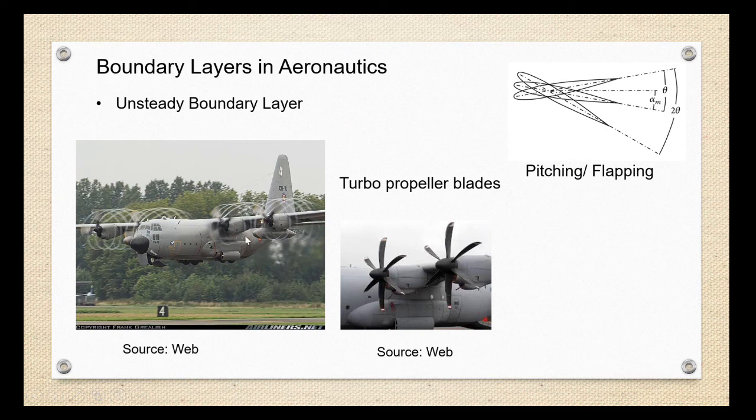The propeller wake or the tip vortices, which are highly unsteady, interact with the boundary layer on the wing, which in fact results in an unsteady boundary layer. Another example is a pitching or flapping foil. For example, if you look at micro air vehicles which are motivated by bird flight, you will see the unsteadiness because of the movement of the lifting surfaces.